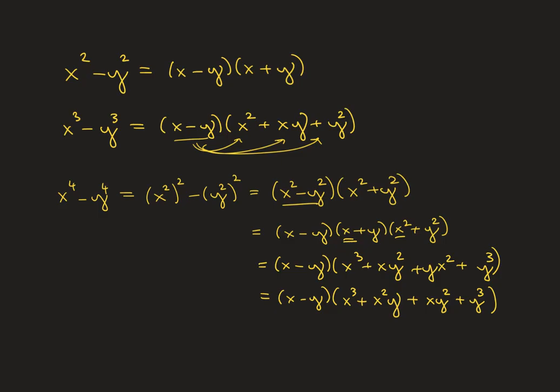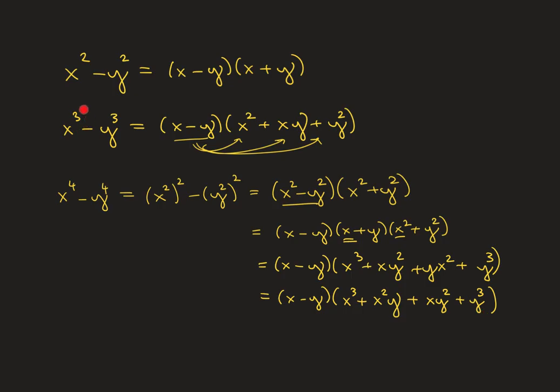Another thing to observe is the exponents of x seem to be decreasing, while the exponents of y seem to be increasing. All right. Also, another important thing is that we have a 4 right here, and there are 4 terms in this extra polynomial piece.